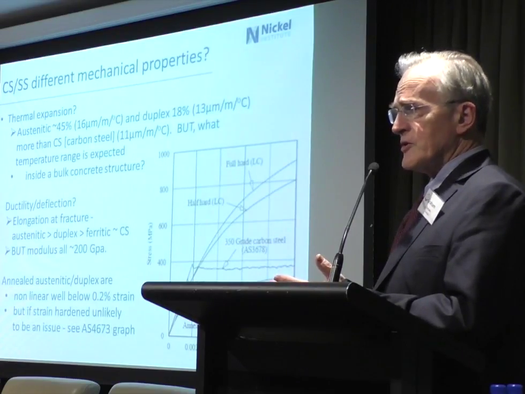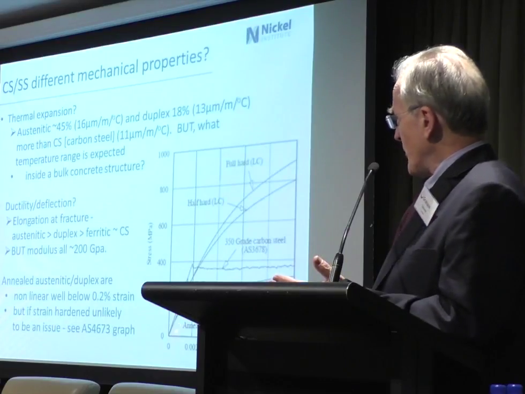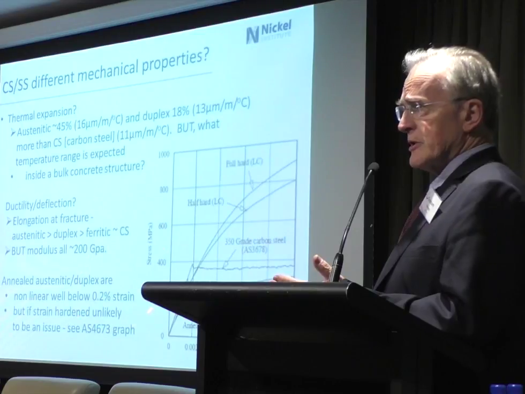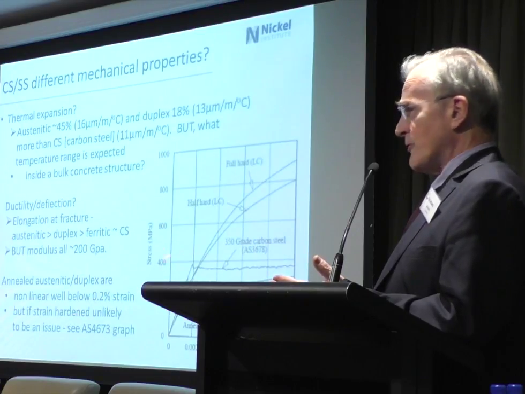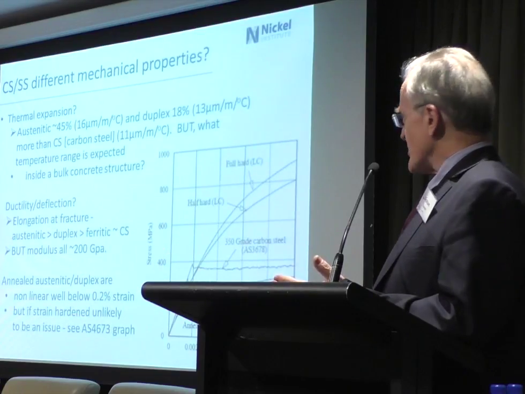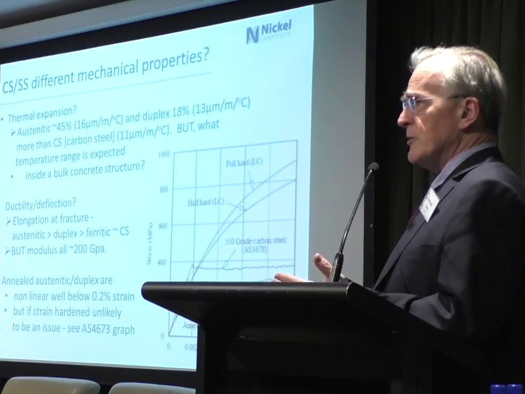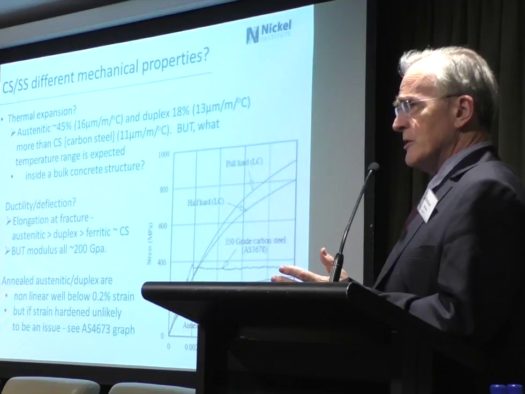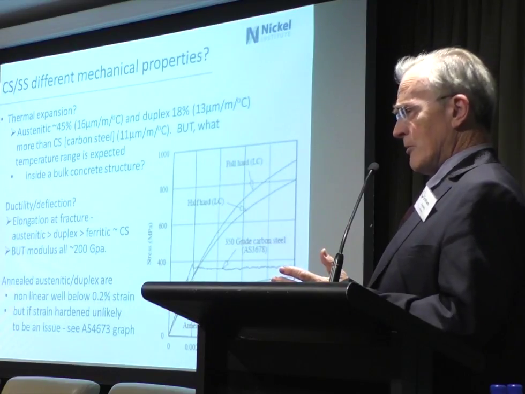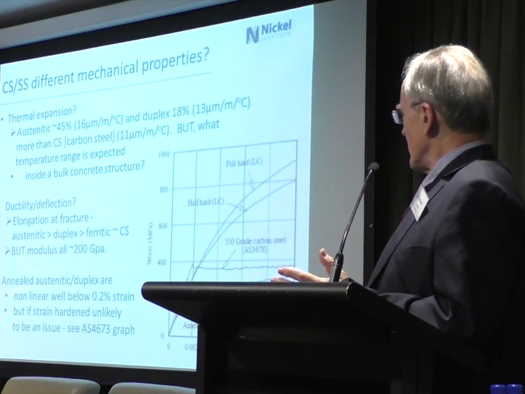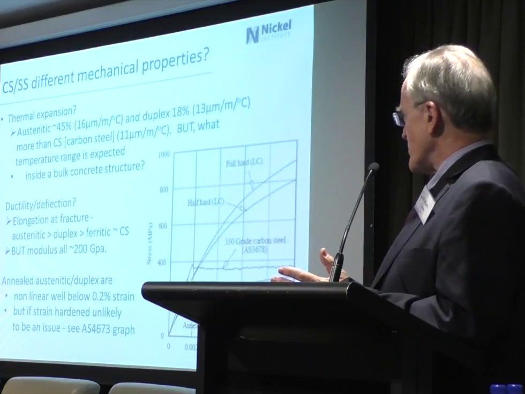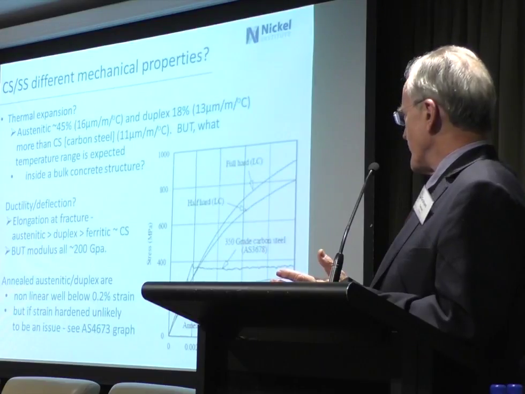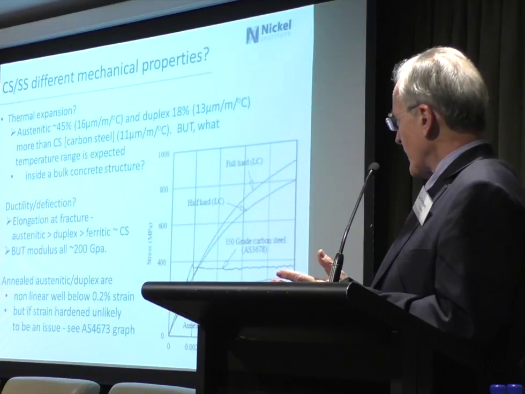You cold work it to give it strength. So you're somewhere up one of these curves, and there really isn't a hell of a lot of difference in terms of the amount of deflection that you're going to get. Certainly if you start going out to 1% or so, it'll be different. But for the initial deflection, which is hopefully not going to be much more than that, otherwise the concrete might not like it too much. Anyway, from that point of view, I don't think that's an issue.